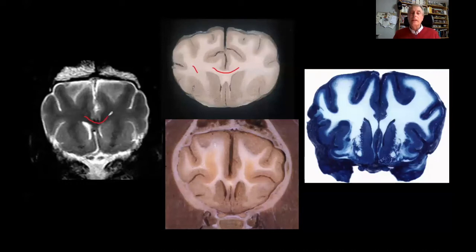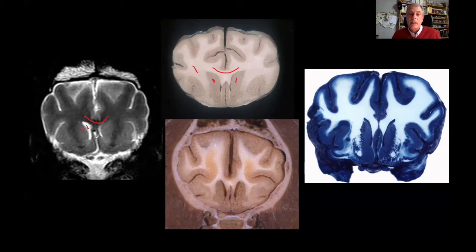Okay, that is formed by commissural fibers that connect both cerebral hemispheres, and in particular, they connect neocortex. Okay, and we see the caudate nucleus, and the lateral ventricle.